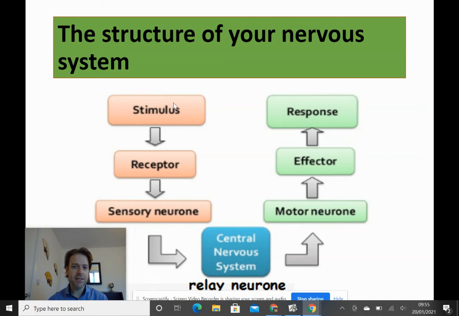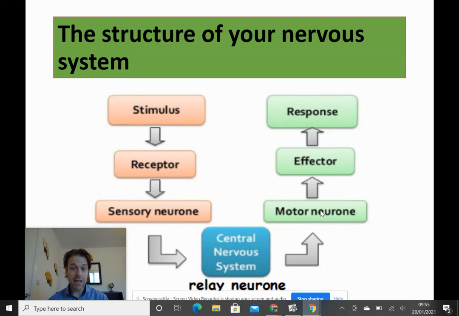We've got our stimulus. Let's say it's a loud sound, a bang. That's detected by the receptor cells, in this case in our ear. They then send an impulse, a message, along a sensory neuron into our central nervous system, so into our brain or our spinal cord, and then our brain. Our brain then goes, wow, that was loud. We need to protect our ears.